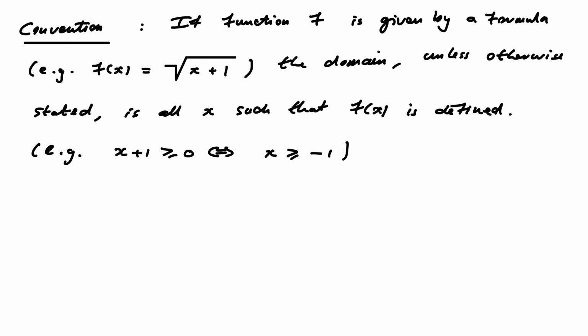Okay, so what does this tell you? This tells you in this specific instance, the domain is the interval. It's infinitely long, but it's closed on one side. What is it? From minus 1 to infinity.